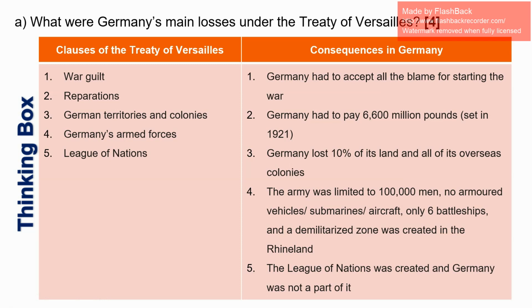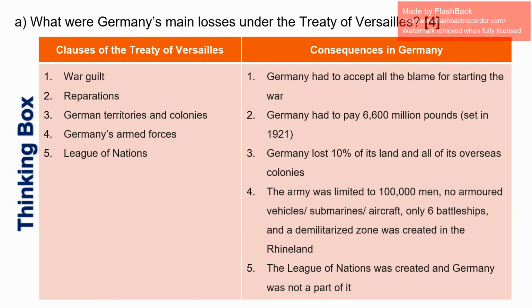German armed forces were reduced, and that is a matter of pride, but not only pride, also security, because their army had thousands of men due to conscription, but also the fact that Germany had been created as a militarized country. Well, their army was reduced to a laughing number of men, plus no armed vehicles, submarines, or aircraft.